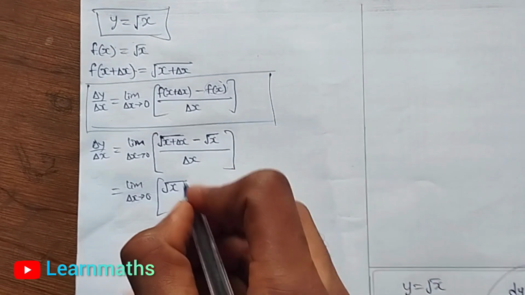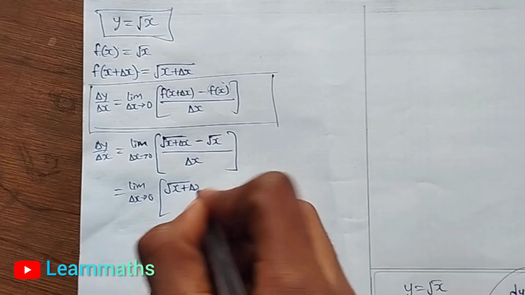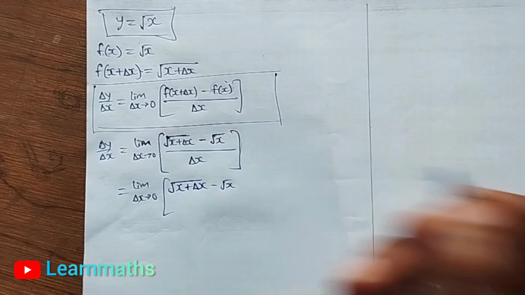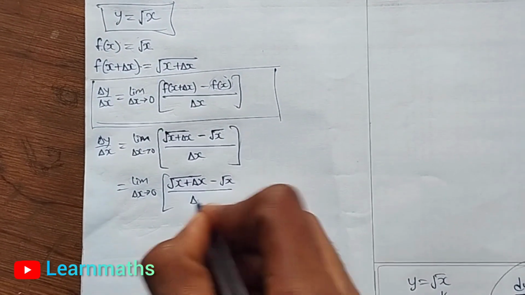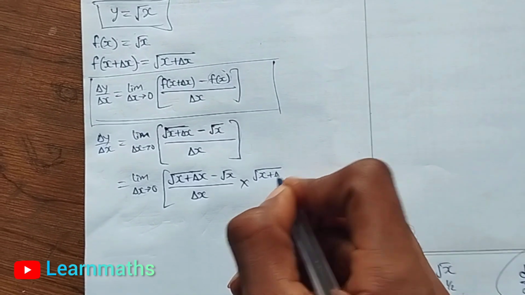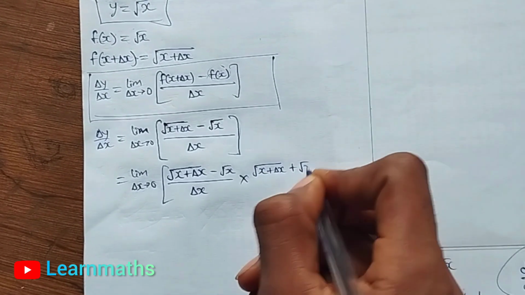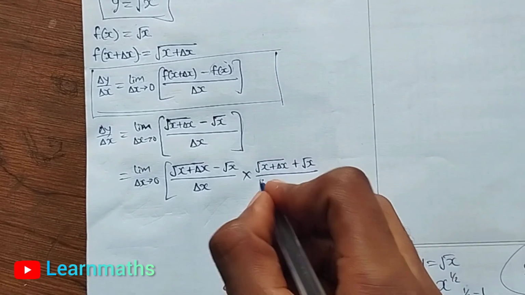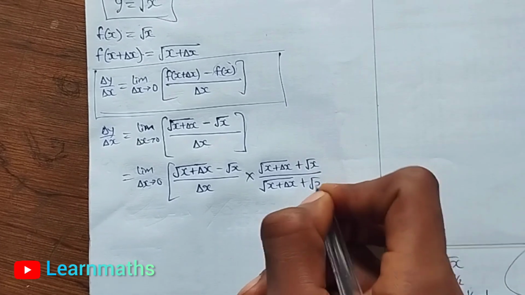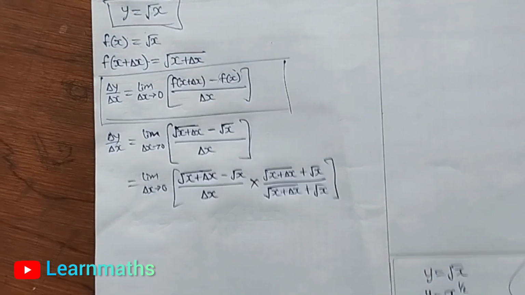Rationalizing this, I'm going to multiply the expression in this bracket with its conjugate, right? And the conjugate of this is going to be square root of x plus change in x plus square root of x, right? Divided by the same conjugate, square root of x plus change in x plus square root of x. That's how we rationalize surds, right?